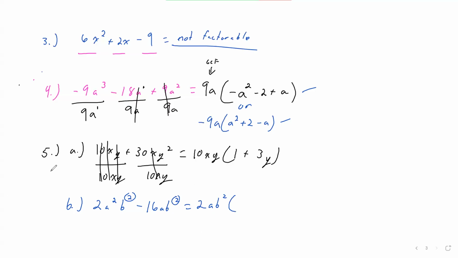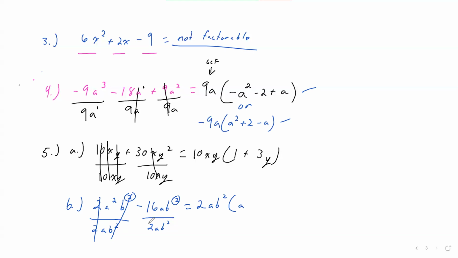So now that I have it, now I can divide. So what happens to the 2's? Cancel out. A squared divided by A. 1A, good. What happens to the B squares?